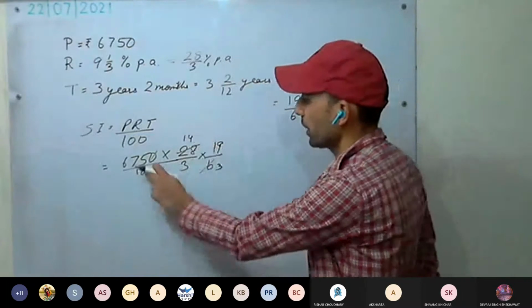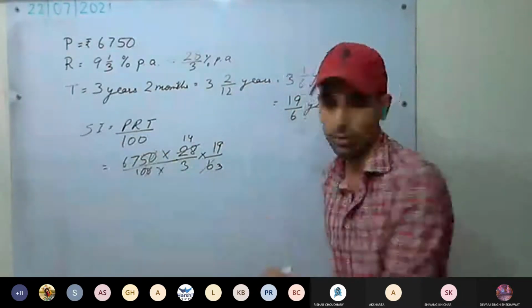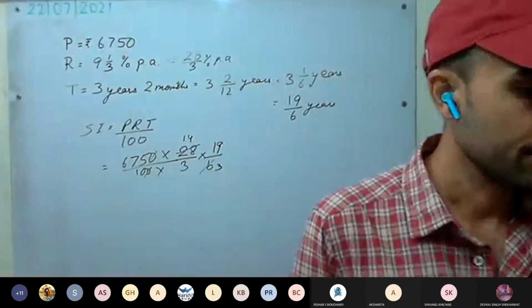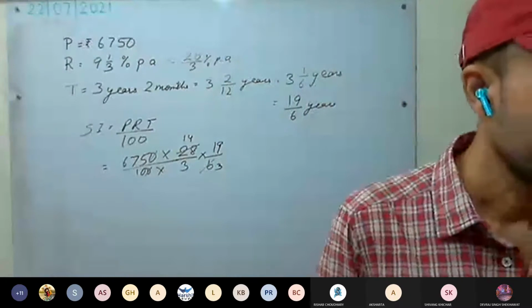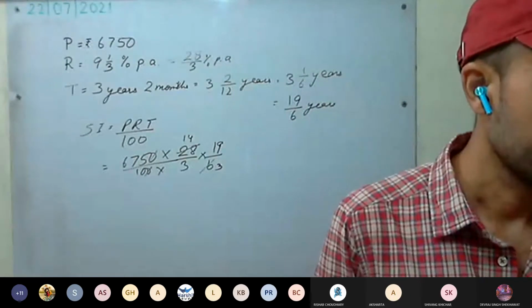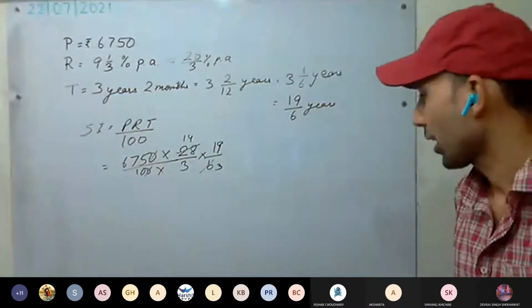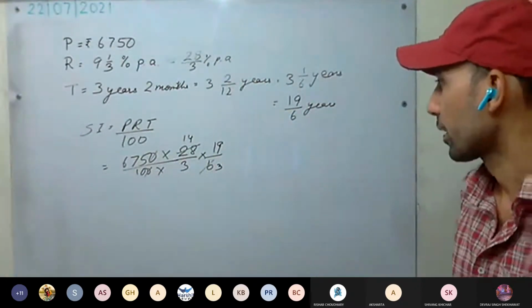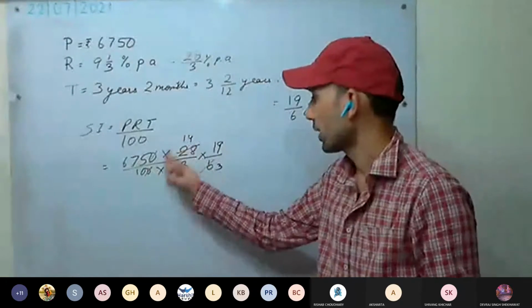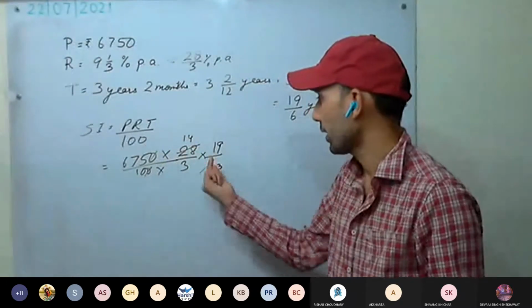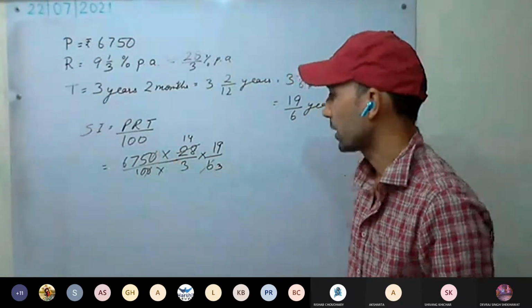And 2 will go from here, 5 goes from here, 9s will go from there. Calculate and tell me. 5 is also cancelling, and 9 will be cancelled from this one.